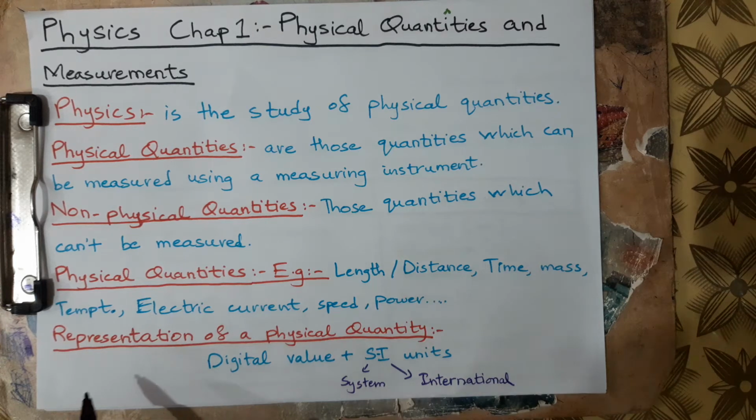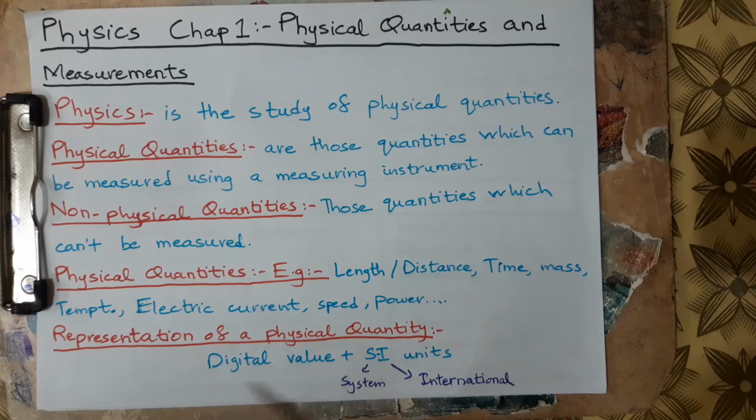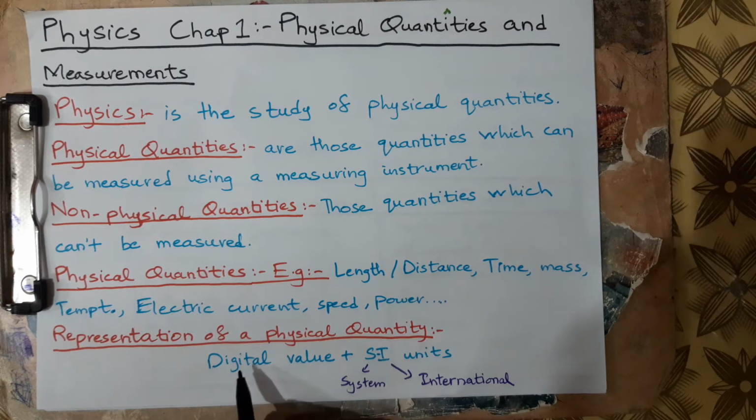Okay. Now, representation of a physical quantity means that how do we represent a physical quantity? In order to represent a physical quantity, there are two things. One is the digital value plus SI units.